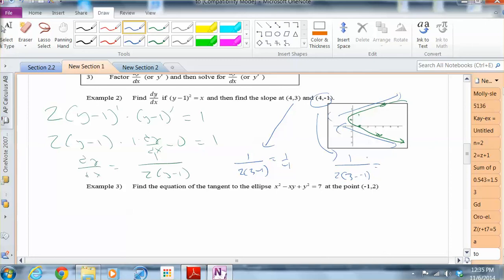Something seems a little fishy. So if I plug in 3, I got 1/4. Okay, that makes sense. And if I plug in, oh, geez, careless mistakes. Happens to all of us. Negative 1 for y. So in this case, you get negative 1/4. Yeah, and that's what helps a graph, because then I could confirm my answers. Of course, they weren't confirming each other, so I knew I made a mistake somewhere.